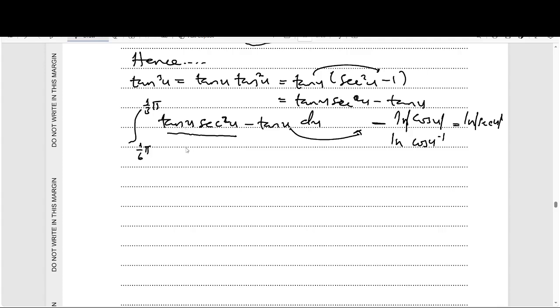So I'm going to replace tan u by a variable. It should be u, but because we're already using u, I'm going to use an x for that. So let me write over here 1 over 3 pi and then 1 over 6 pi, tan u sec squared u minus, and the integral of tan u is already said to be negative ln of cos u.